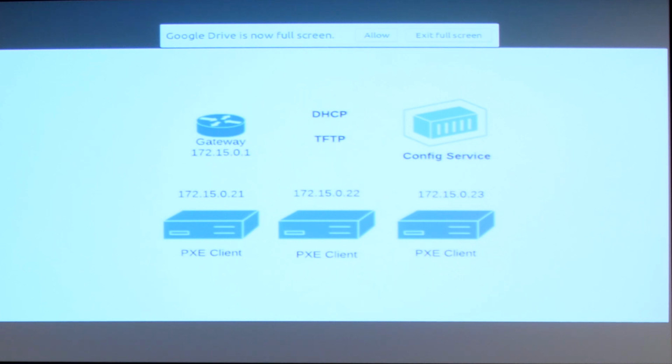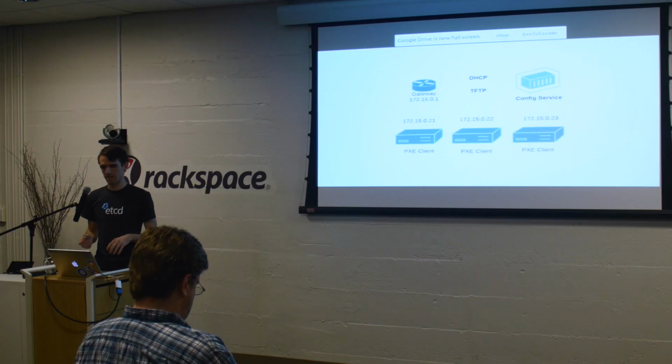These machines can talk to a config service if we want to do configuration, and there's an external DHCP service and TFTP service, because a lot of people have their own setups for this, or I've talked to people who have implemented their own TFTP servers, so I didn't want to prescribe a solution that would take over your DHCP. So in this setup, the config service assists, and whatever your existing PXE setup is now, you can continue to use.